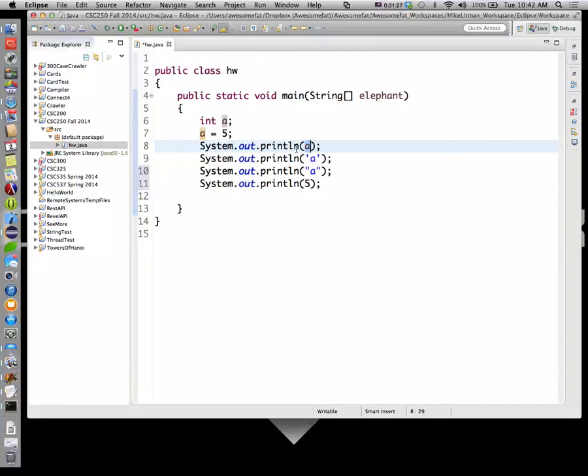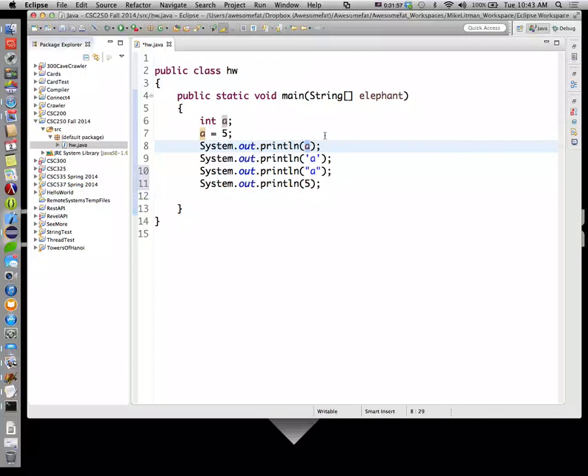When Java gets to that line right there, gets that portion of that line and sees the A, it immediately identifies the A as being either a variable or an error. So first thing it's going to check is, has the user defined a variable named A? In this case we did, everything's cool. But now it needs to determine what is the value contained within A. We have to unwrap that present before println knows how to display it. Okay? Println doesn't display variables.